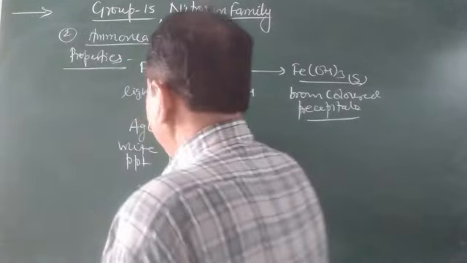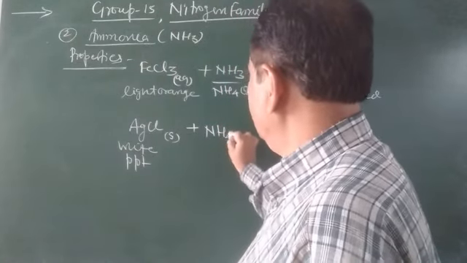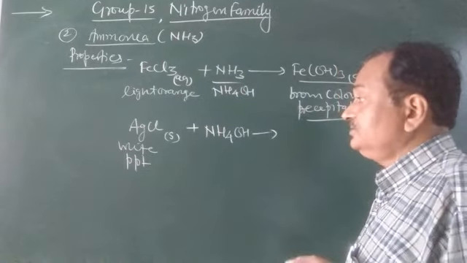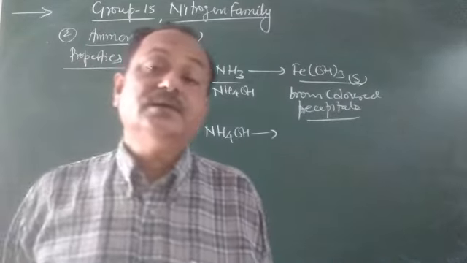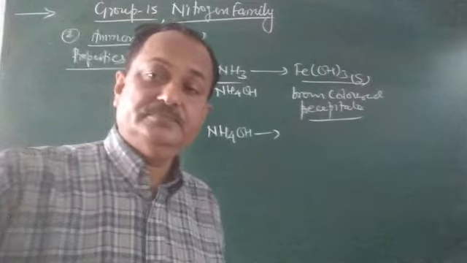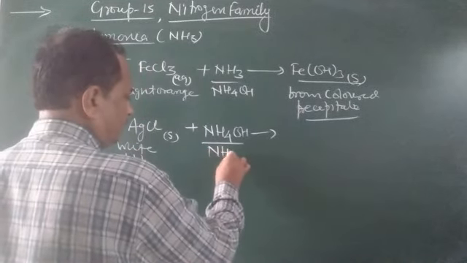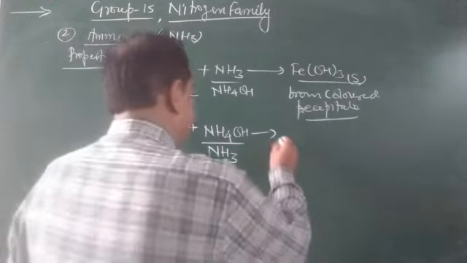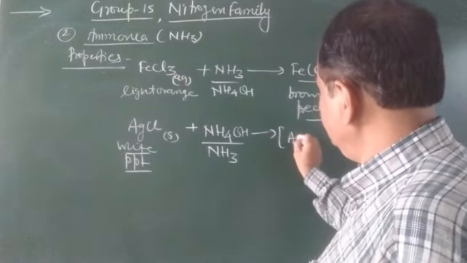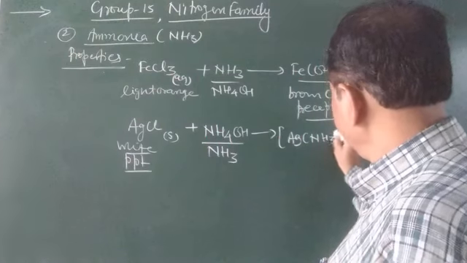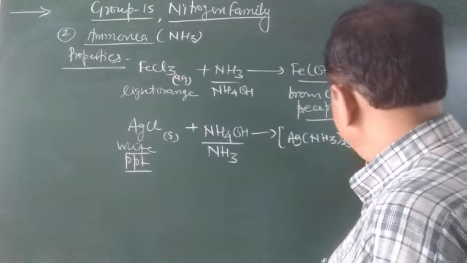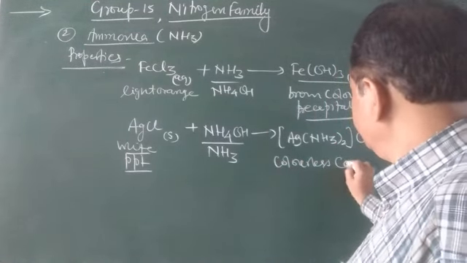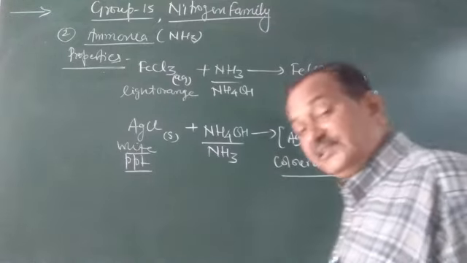Then when we add ammonium hydroxide, or in place of this you may take ammonia, the white precipitate, which is insoluble, dissolves and there is formation of a complex again. This is a colorless compound.